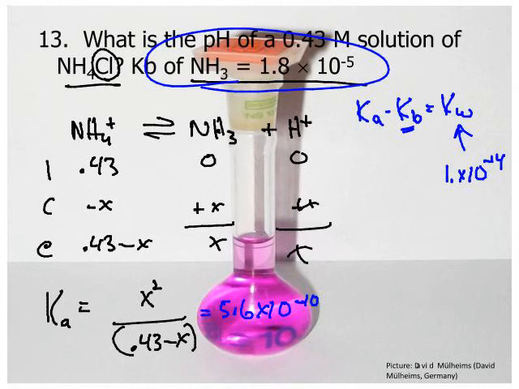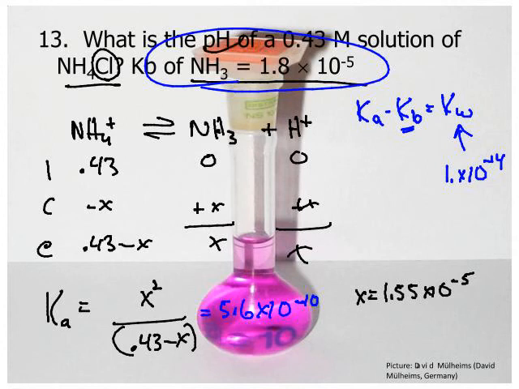So now I go back to the solver, and I clear it. All right, so 5.6e negative 10 times 0.43 minus x, parentheses, minus x squared, equals zero, alpha point, very small number, alpha solve, and I get x to be 1.55 times 10 to the minus 5.